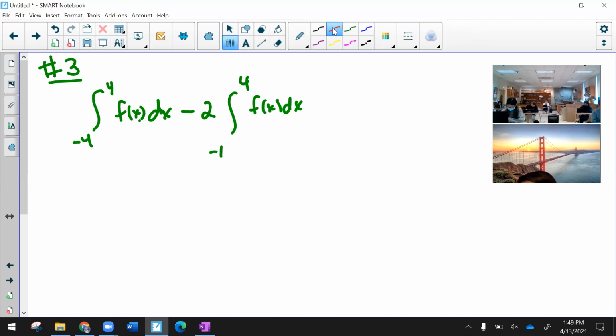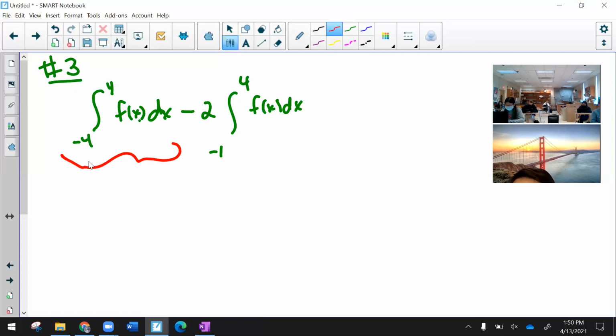So the first thing we have to recognize is that integral means the area under the curve. Our first integral here goes from -4 to 4, so that's going to be all of the area that's enclosed.